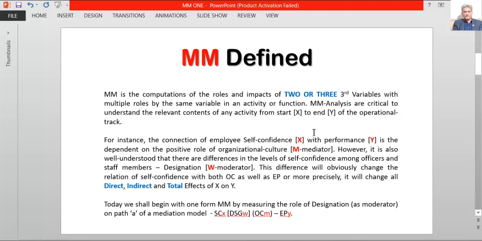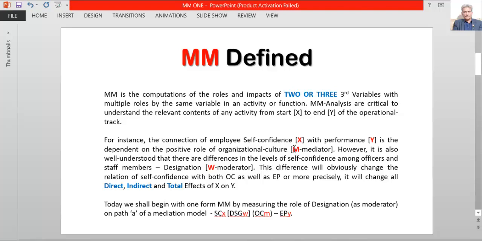Every employee is looking for the support of organizational culture. However, the officers and the staff have different opportunities to get help from the organizational culture and thereby infuse the powers of their self-confidence into their performance.